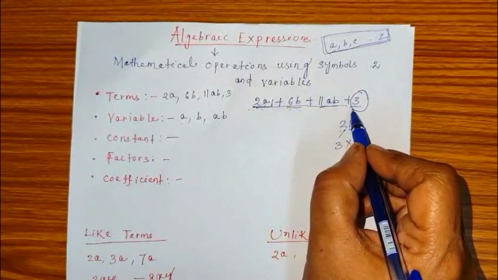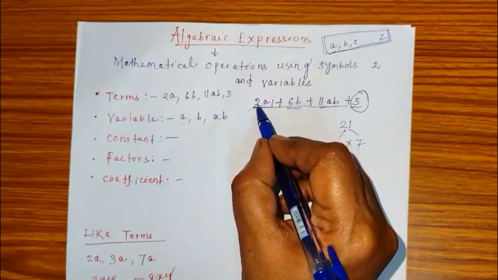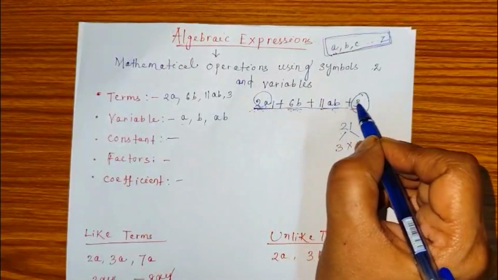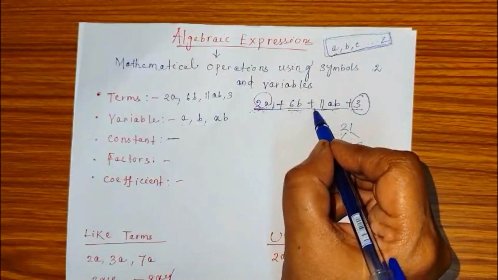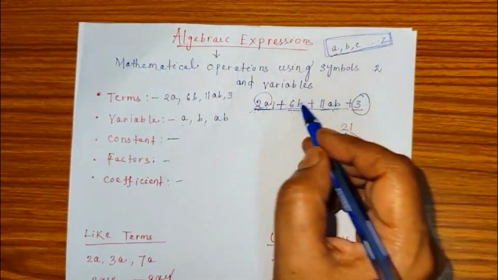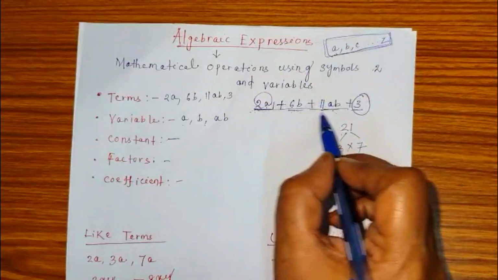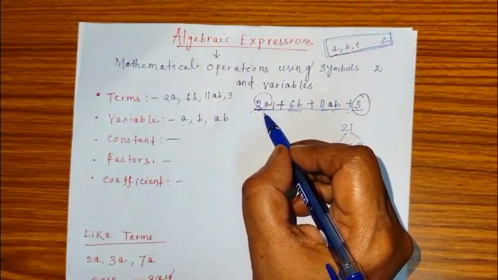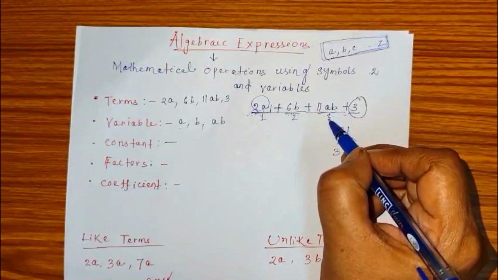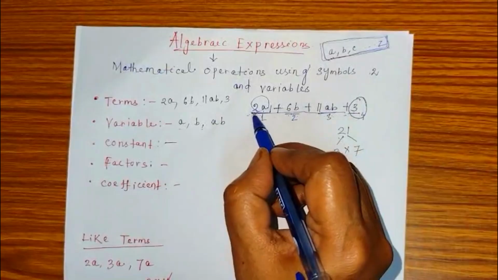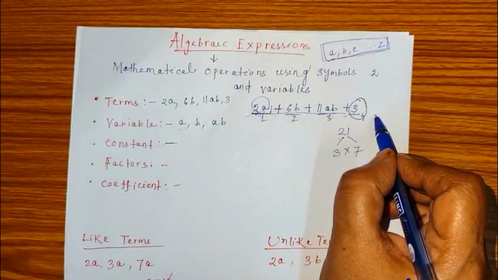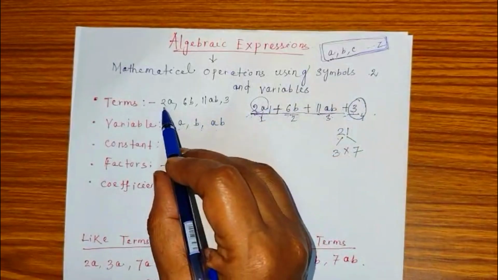In this expression, each one, 2a, 6b, 11ab and 3, on the left side and right side of the symbol, they are called terms. So in this expression there are 4 terms. 2a is one term, 6b, 11ab and 3. Understood? So these are the terms.